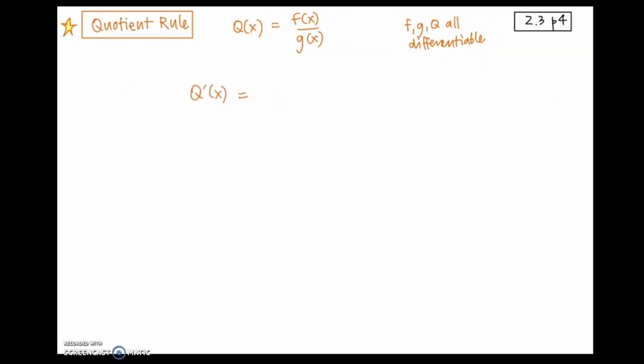So before I say what the derivative actually is, you should know that the derivative itself is going to end up being a quotient. And the derivative looks like this. You'll take g of x times the derivative of f of x minus f of x times the derivative of g of x. And all of this is going to be over just regular g of x squared.